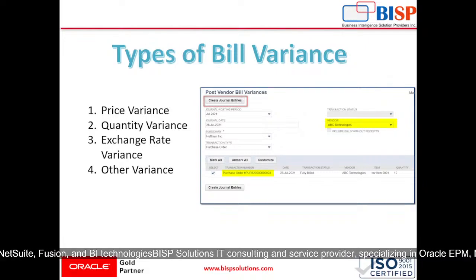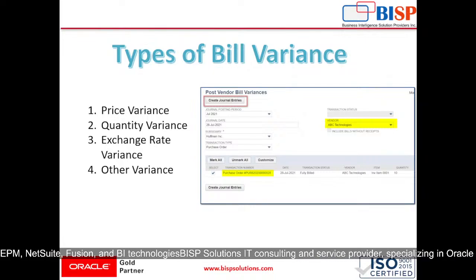Then coming to our next subtopic, which is quantity variance. Quantity variance occurs when the quantity of items received differs from the quantity ordered. For example, you have ordered 100 units but only 90 were received and billed. So the quantity variance would be the cost of the 10 units not received.